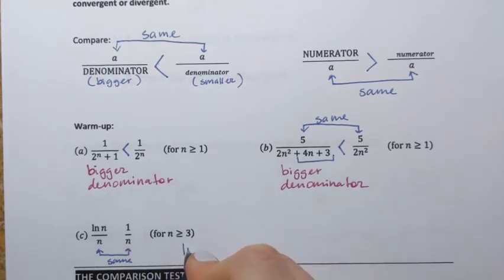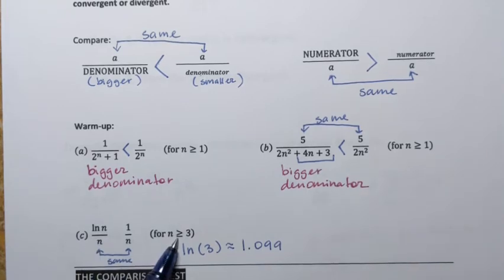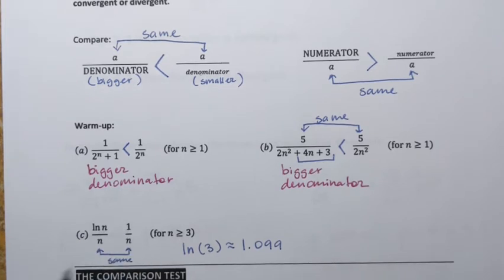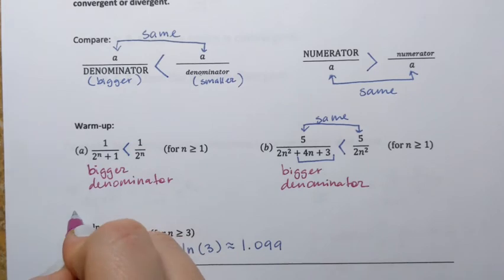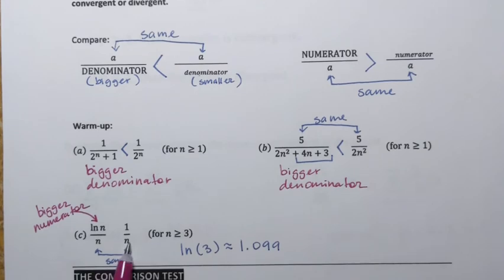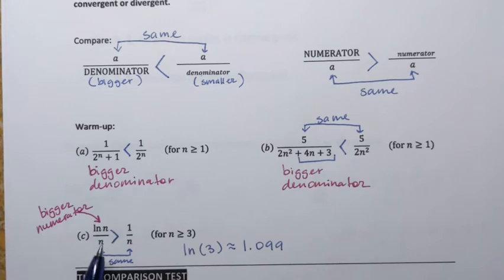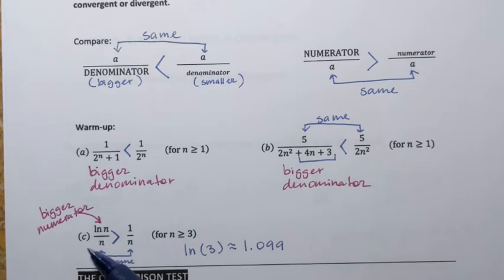If we take a calculator, we'll find that ln of 3 is approximately 1.099. So even at the smallest possible value of n, this value is greater than 1. So we're looking at the larger numerator. In this case, we have to use the greater sign. It's the larger quantity versus the smaller quantity being divided by the same. So that makes the first expression greater than the second expression.